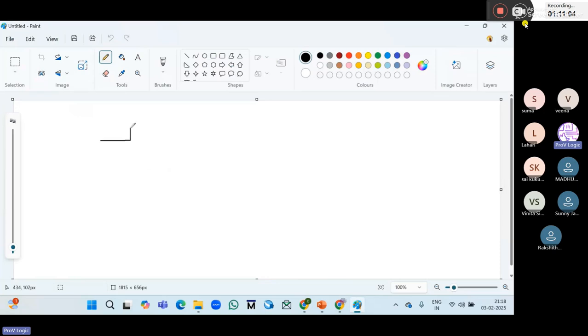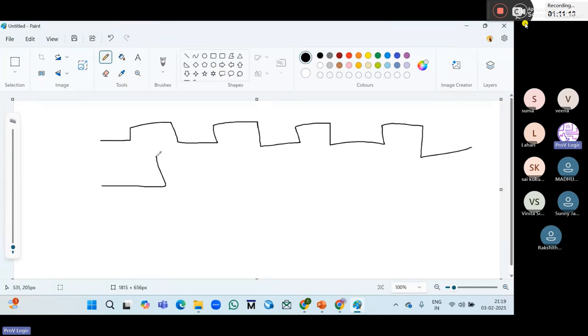Suppose initially the clock is like this. Suppose if I am using synchronous reset, reset is high at this point of time. If it is a synchronous reset, this reset will not automatically reflect to the output. It waits until the next positive edge of the clock.